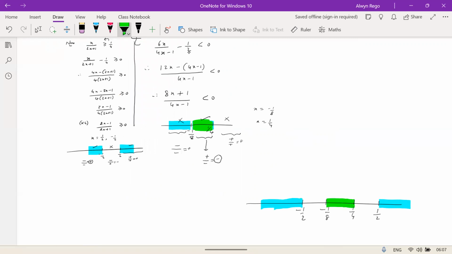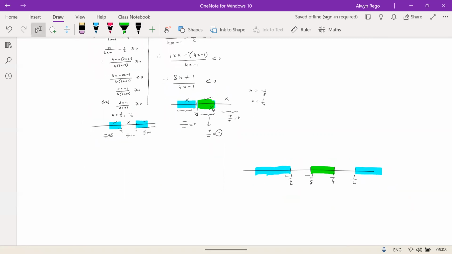If you now have to satisfy both the components, the blue one says that you go to the right of half or you go to the left of minus half. The second one, the green one, says that you stay between minus 1 by 8 and plus 1 by 4. If you actually try to satisfy both of them, you'd go crazy and say, oh, I can't, I give up. So in fact, there are no solutions. No solution to the system. So the solution set is basically a null set.